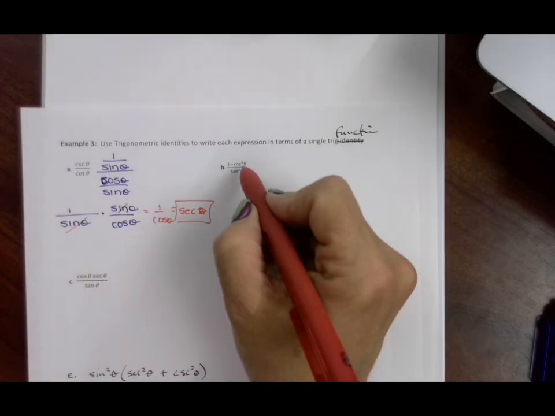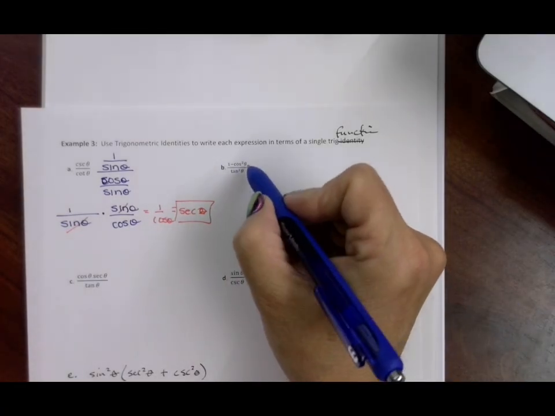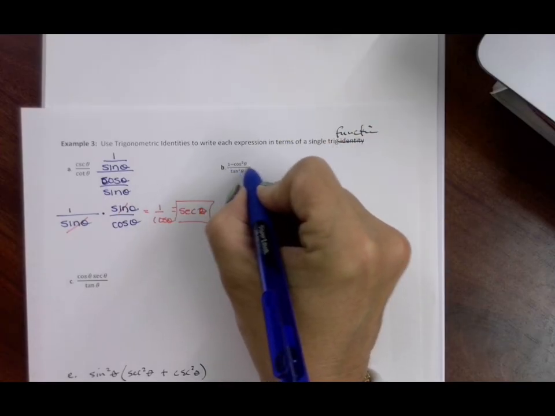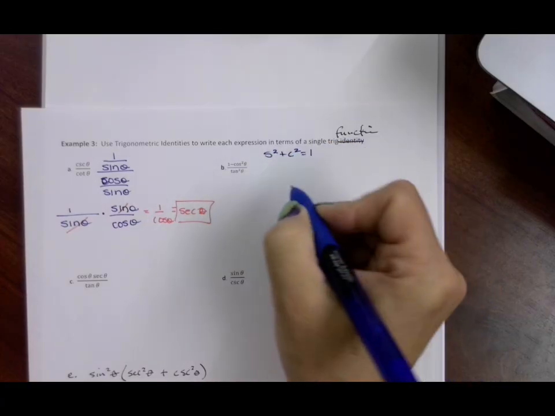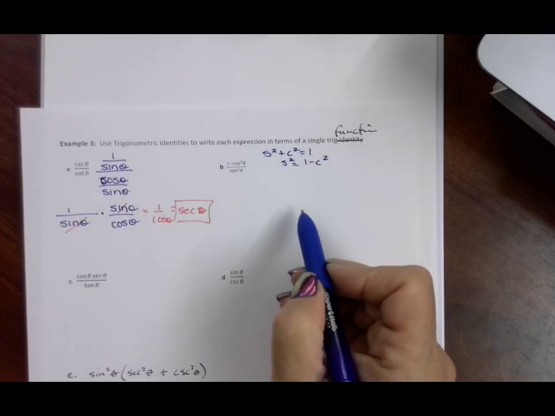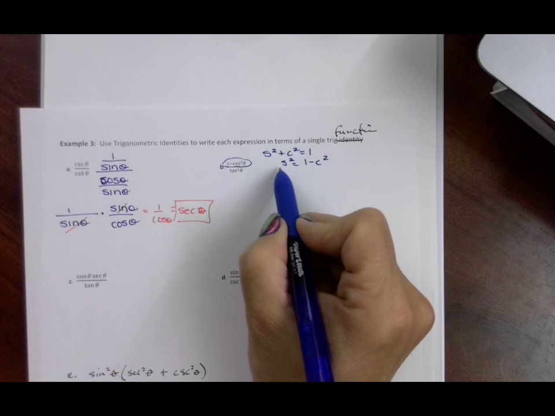All right, so now what happens? I see squared functions on here. So if I see something squared, I'm going to look at this. I see a 1, so I know this is a Pythagorean ID. So I have sine squared plus cosine squared equals 1. So sine squared is going to be 1 minus cosine squared. All right, so this 1 minus cosine squared is replaced with sine squared.